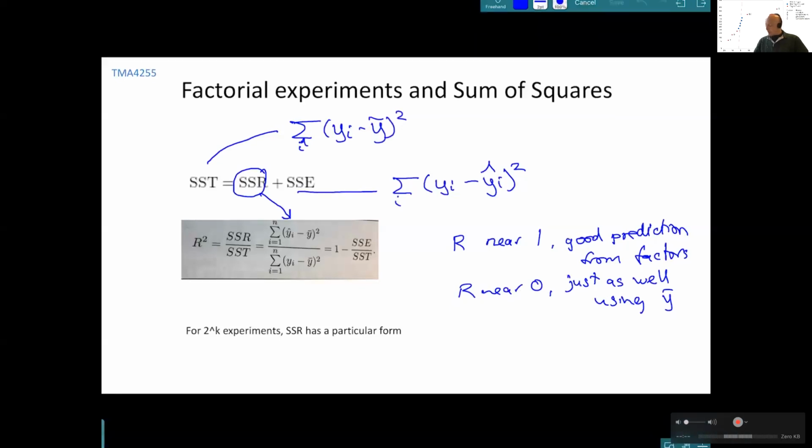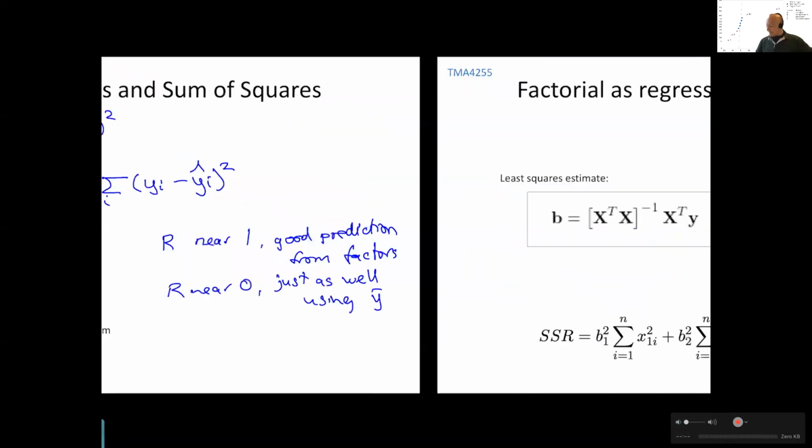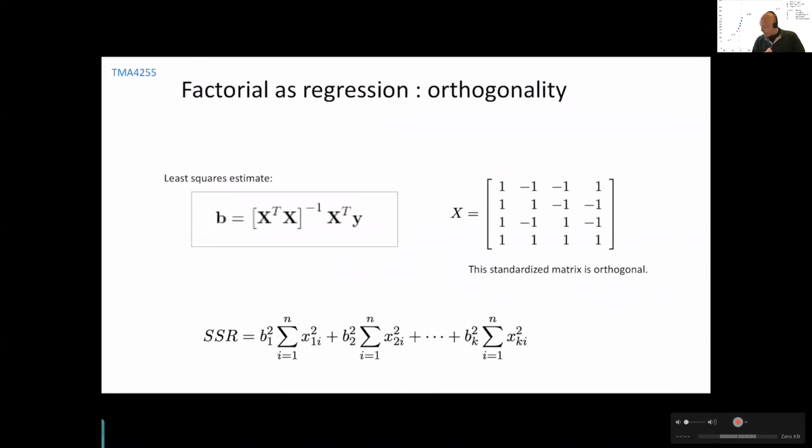But what is really nice about the factorial experiments is this orthogonality. So remember that this design matrix was orthogonal, and that also goes into this business. So now we have SSR that can be split in different factors. And this is very nice.